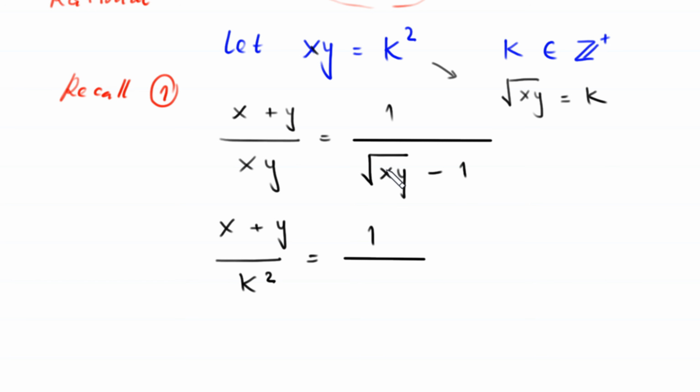So root xy minus 1 will become k minus 1. Now if we multiply both sides by k squared, then x plus y equals k squared divided by k minus 1.